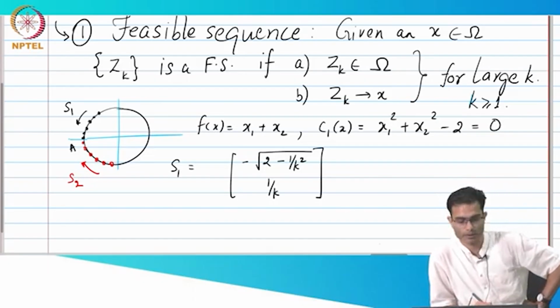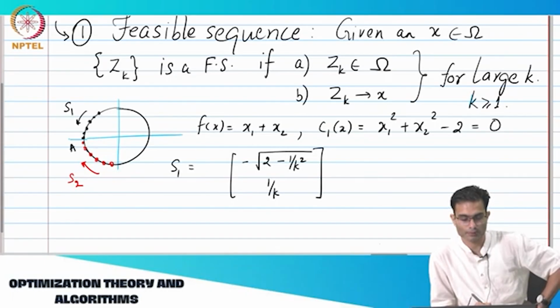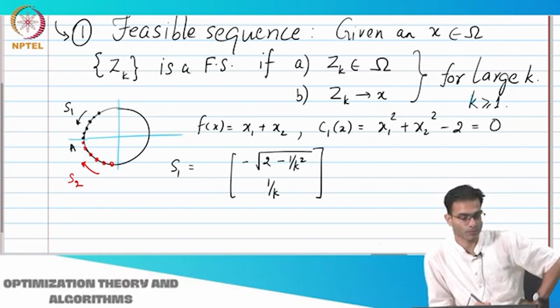Is x1 squared plus x2 squared equal to 2? It works, so it's on the circle. For example, if I take k equal to 1, where do I start from? -1, comma 1.